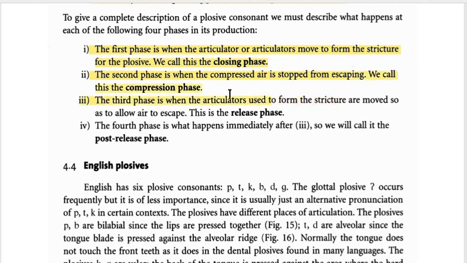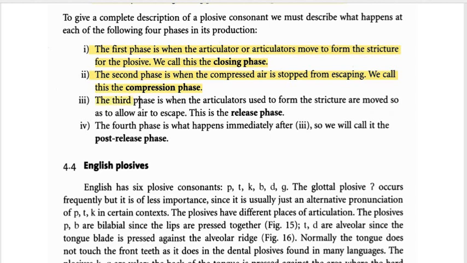We call this the compression phase. After I form a structure, I compress the air. I will not allow the air to escape. This creates pressure, compressed air behind the closed part.